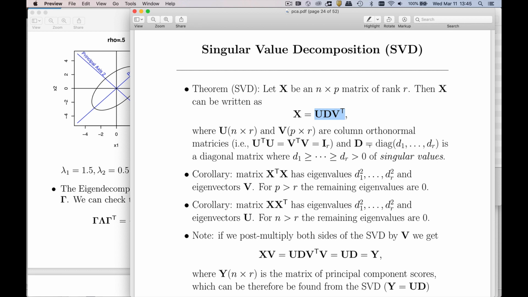The D's are going to be like our eigenvalues, but we're not going to call them eigenvalues anymore. We're going to call them singular values.